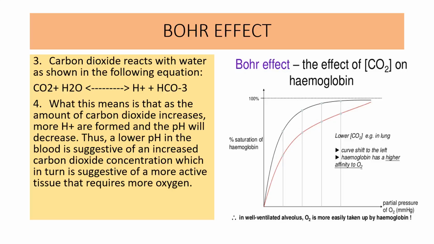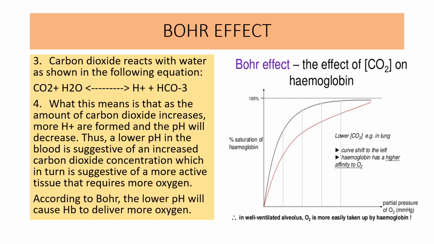Thus, lower pH in the blood is suggestive of increased carbon dioxide concentration, which in turn is suggestive of more active tissues that require more oxygen. So, according to Bohr, lower pH will cause hemoglobin to deliver more oxygen. So, when the pH is less, the oxyhemoglobin curve shifts towards the right. This is Bohr's effect.